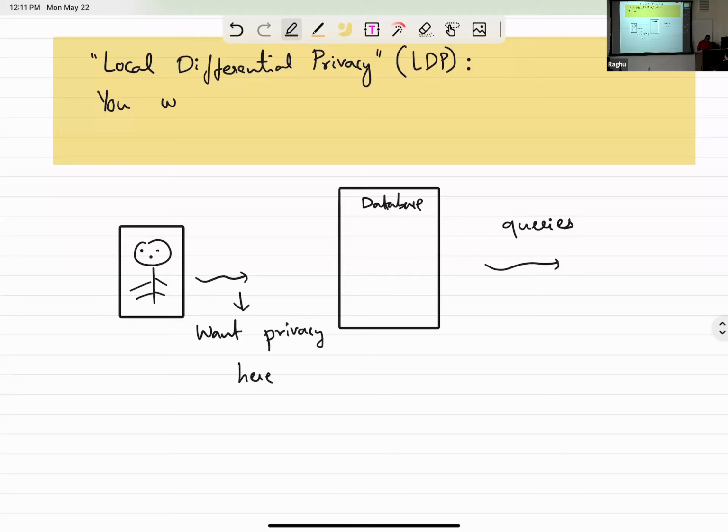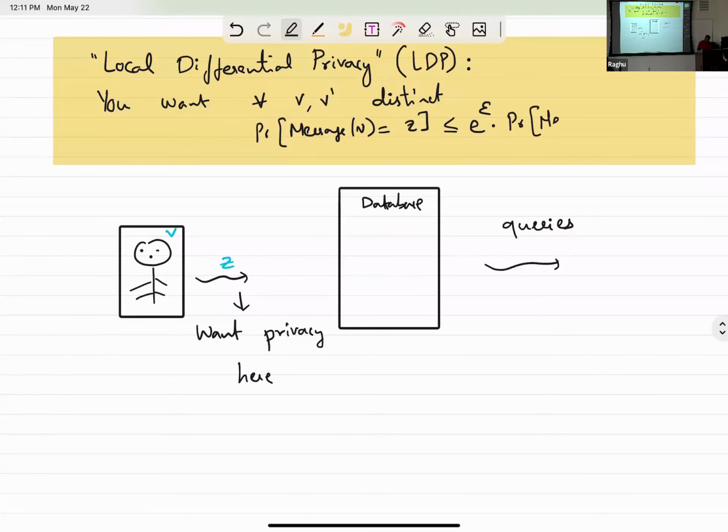Right. So actually, let's think of it even more fine-grained. This person is going to send some message here, Z, and the input is some V, let's say, right? You'll say something like, for all V, V prime, distinct... okay.